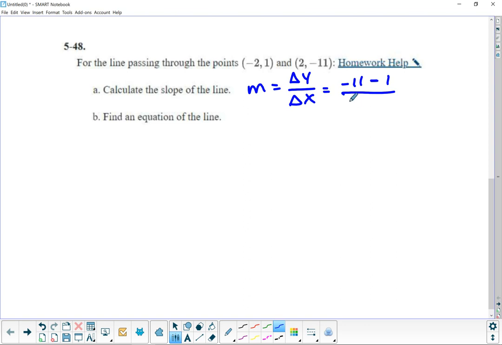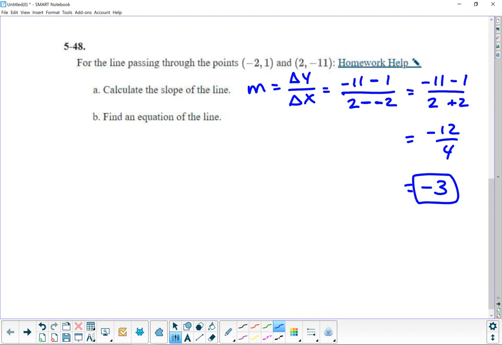You divide it by your x's, which are 2 and negative 2, and you subtract those. Okay, and you notice that the bottom part has a double negative, so that's actually negative 11 minus 1 over 2 plus 2, which gives a total of negative 12 over 4, which comes out to be negative 3. So the slope is negative 3.